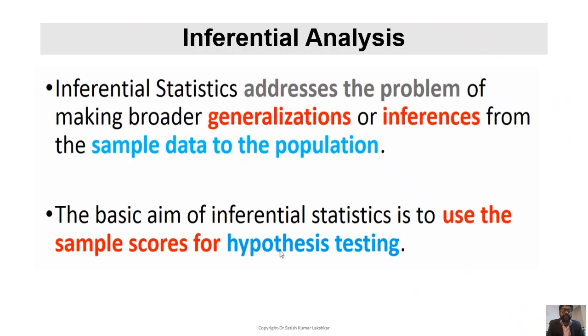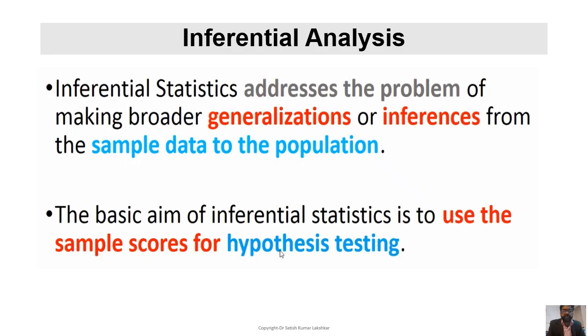Inferential statistics addresses the problem of making broader generalizations, inferring from the sample data to the population. The basic aim of inferential statistics is to use the sample score for hypothesis testing. So we work on a sample. In research, generally we work on a sample because it's very difficult to get the data from the entire population. So we choose a sample on the basis of different sampling criteria.